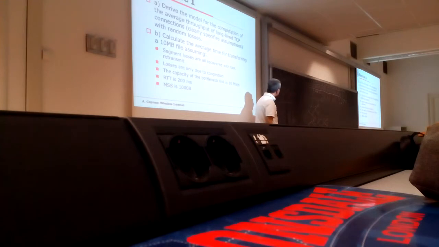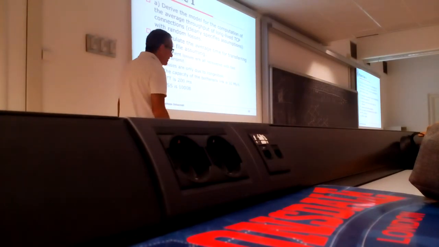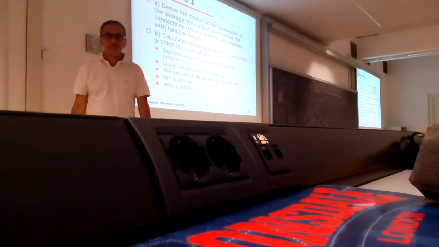This capacity is known, it is 10 megabits per second. So the average rate is obtained just considering this height here, and we say that this is 3/4 of the capacity. So 3/4 of the capacity is 7.5 megabits per second.